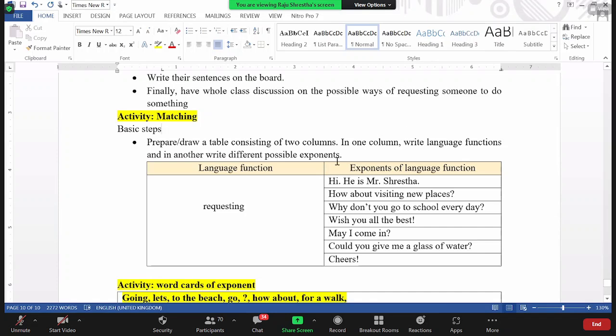In one column write the language function, in another write different possible exponents belonging to different language functions.